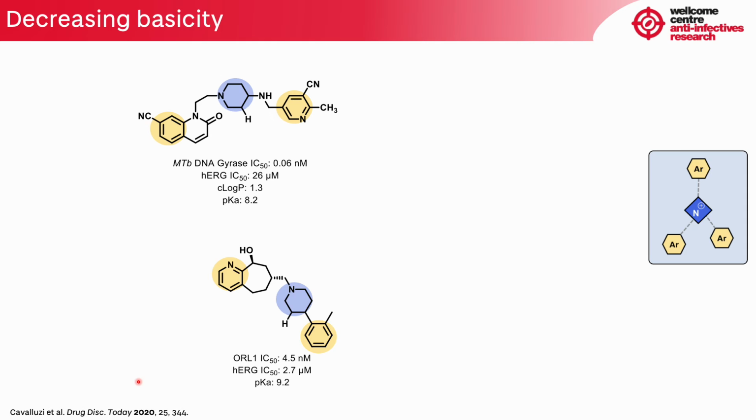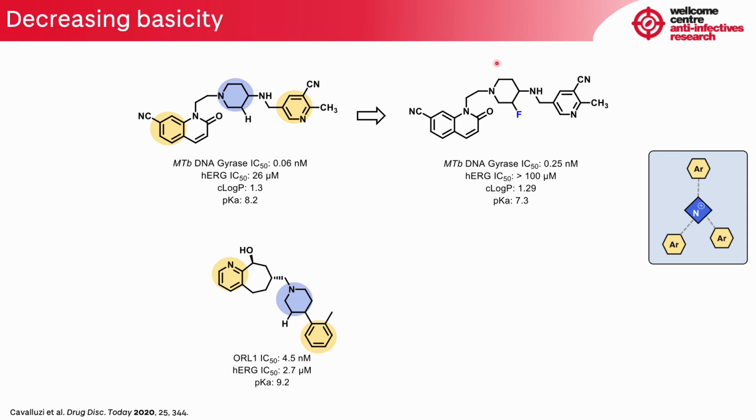So in the first example, they introduced a fluorine to the ring in order to reduce the basicity of the center. We can see that by the pKa, which reduces from 8 to 7. The potency of the drug stays at the same levels, and the hERG inhibitory activity decreases from 26 to more than 100 micromolar.